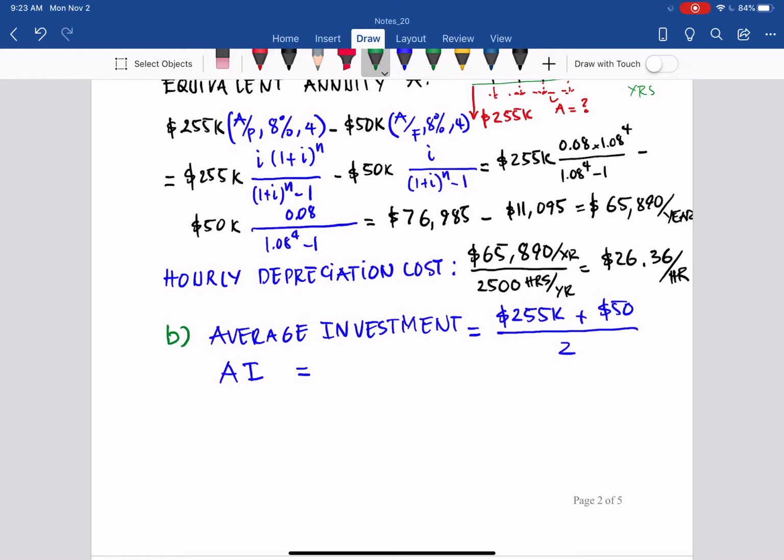Let's name that AI, average investment. So the average investment here is equal to 152,500. That is the average investment per year.